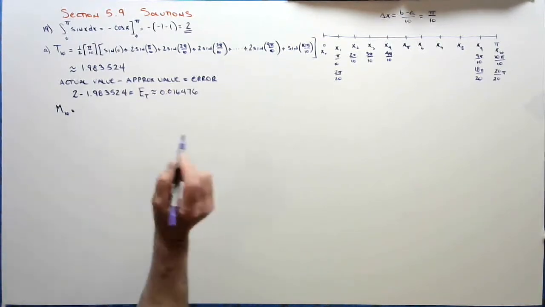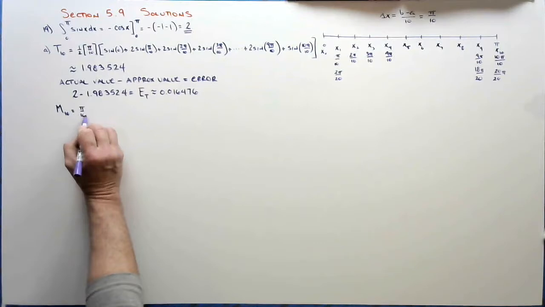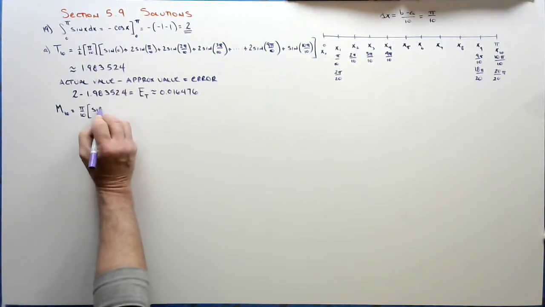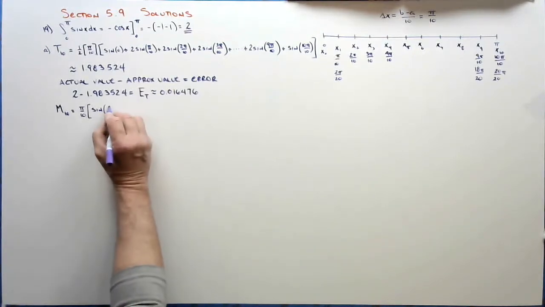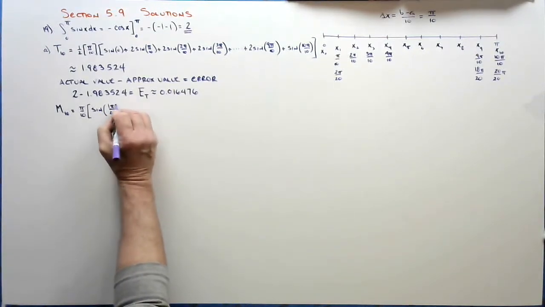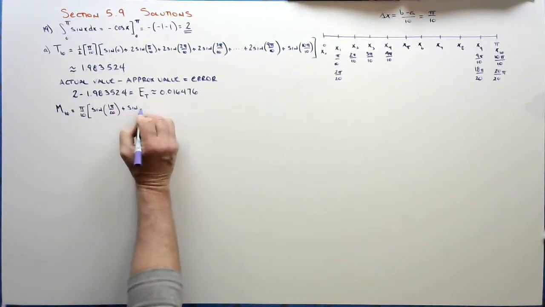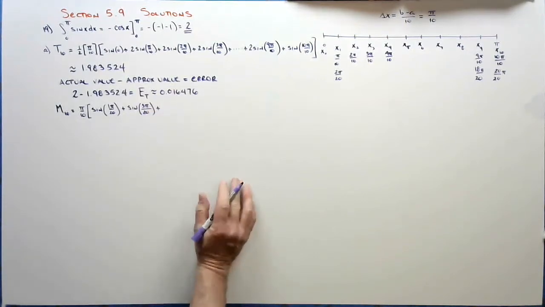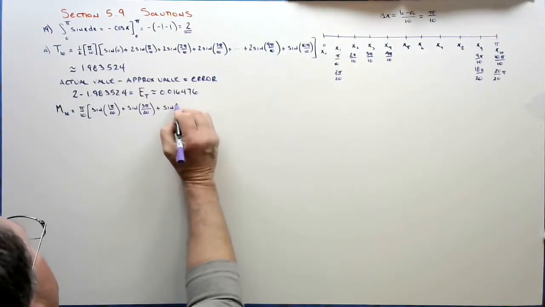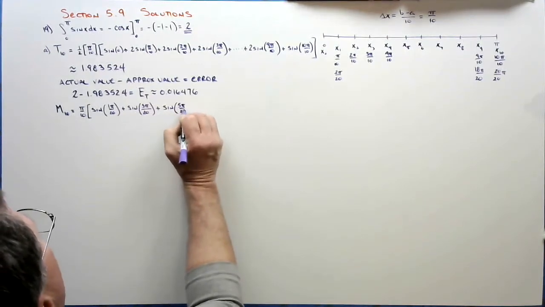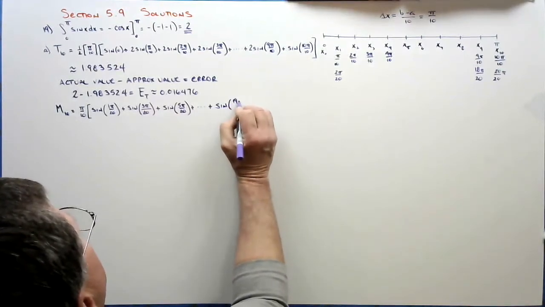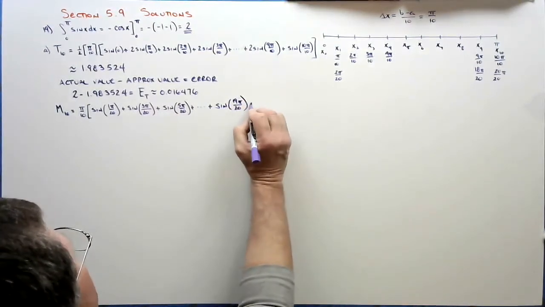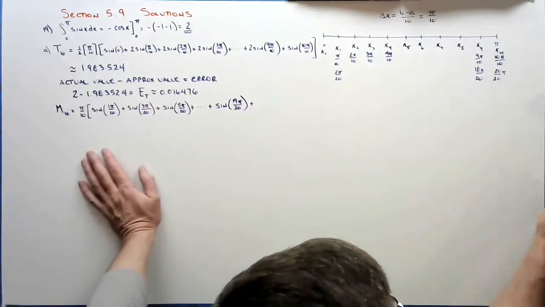So this is going to be delta x, which we said was pi over 10, times the sine of our first midpoint, which is 1 pi over 20, plus the sine of our next midpoint, which is going to be 3 pi over 20, plus the sine of our next midpoint, which is going to be 5 pi over 20, plus, and this is going to continue till we get to sine of 19 pi over 20. That's our last midpoint.